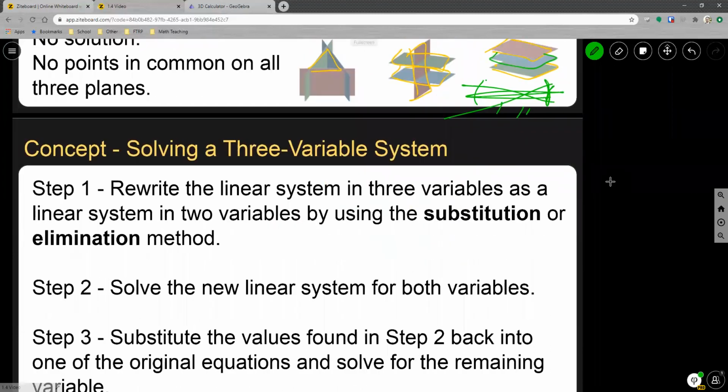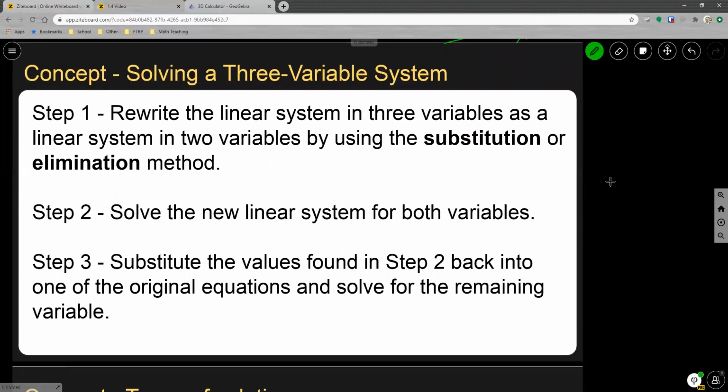Our second concept, which goes into our second goal, is solving a three-variable system. When we solve a three-variable system, it's a three-step process. And you'll see this in action in just a second. But step one is to rewrite the linear system in three variables as a linear system in two variables.